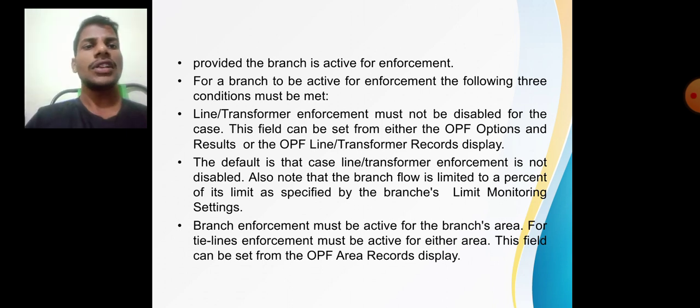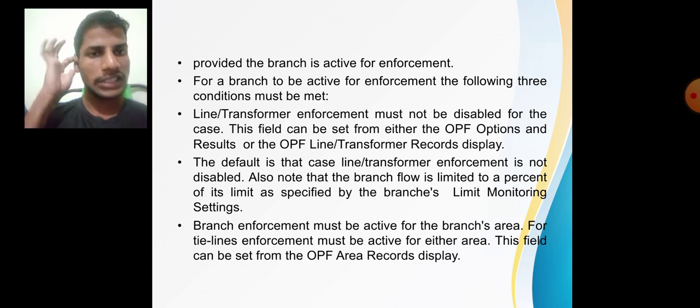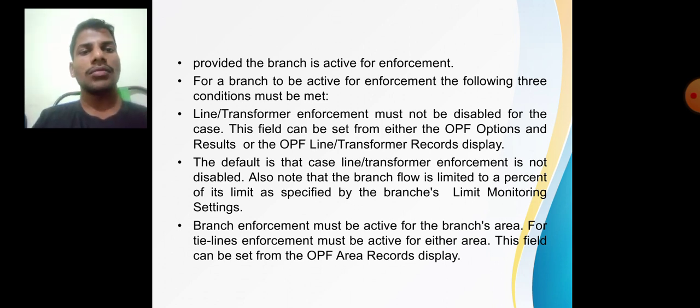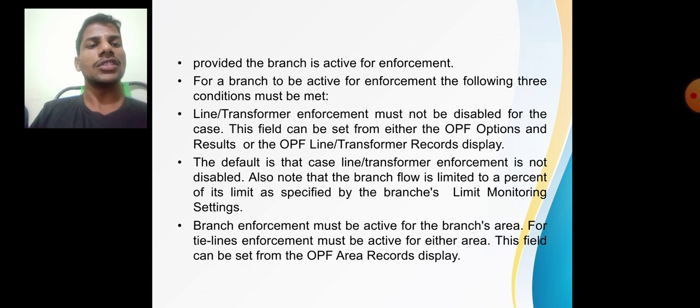This field can be set from the OPF options and results or the OPF line and transformer record displays. By default, line or transformer enforcement is not disabled. Also note the branch limit is a percentage of the branch limit specified in the monitoring setting. Branch enforcement must be active for the branch area. For tie lines, enforcement must be active for either area. This field can be set from the OPF area records display.